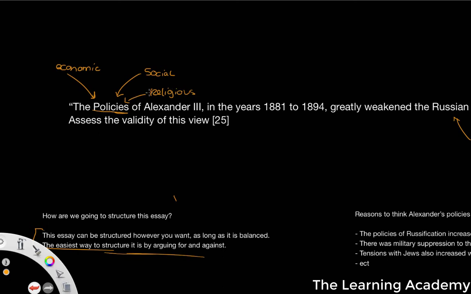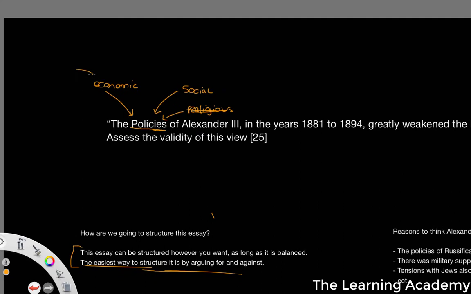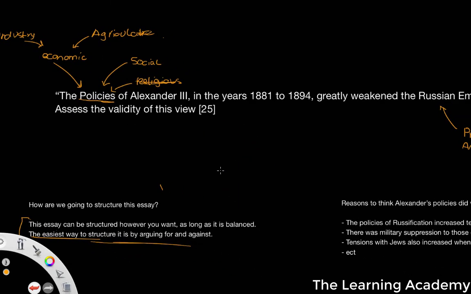Or, if you didn't want to do religious policies, you could split the economic policies into industry and agriculture. There's loads of ways. I'm spelling agriculture wrong. There are loads of ways in which you can write this essay.